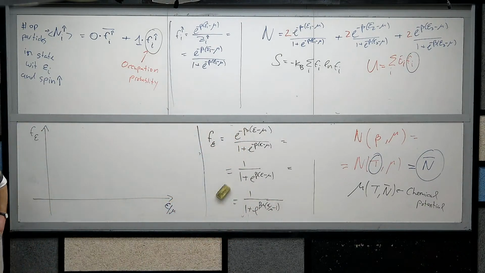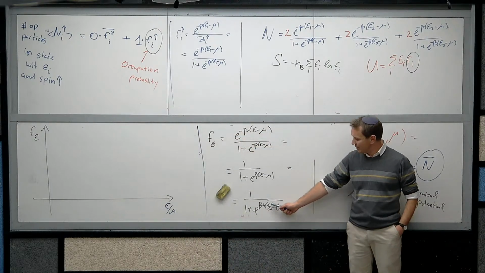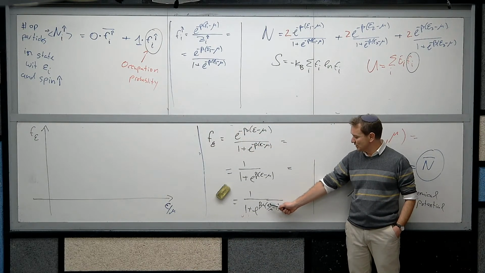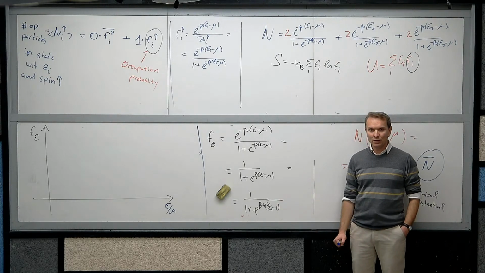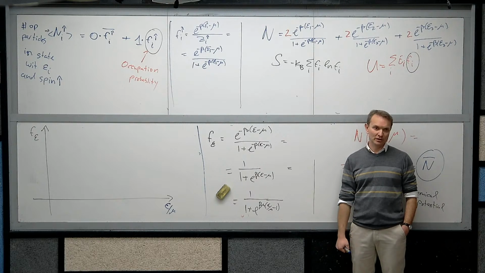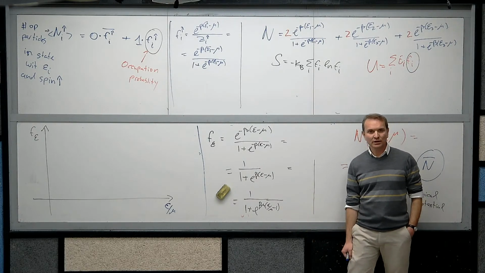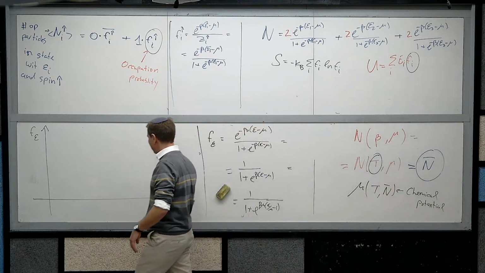So if beta and mu are constant, the only variable that I have, which depends on epsilon, is epsilon divided by mu. Now, this is actually unitless because the units of epsilon are joules, or some energetic units, and the same are the units of mu.